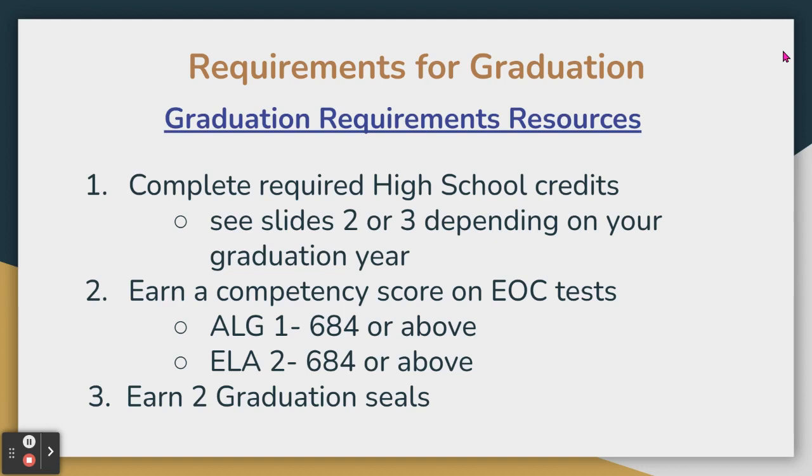Students must earn 2 competency scores, 1 in Algebra 1, 1 in ELA 2, or the equivalent of 10th grade English. The third requirement for graduation is to earn 2 graduation seals, both a state seal and an additional seal.